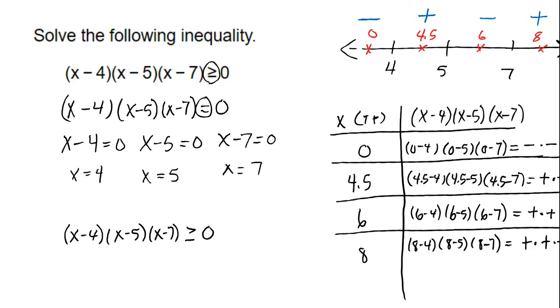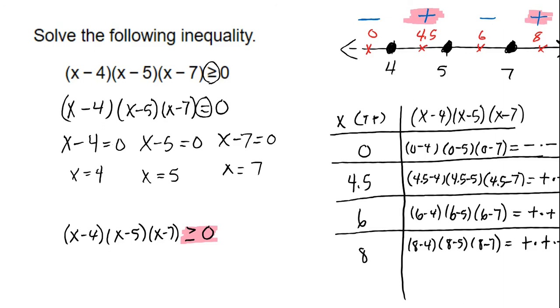And also, because we found the x-intercepts, we found these points where the expression equals 0. So those x-intercepts are the points where the expression equals 0. And because our inequality says greater than or equal to 0, we want to choose the intervals that are positive. Positive is greater than 0.